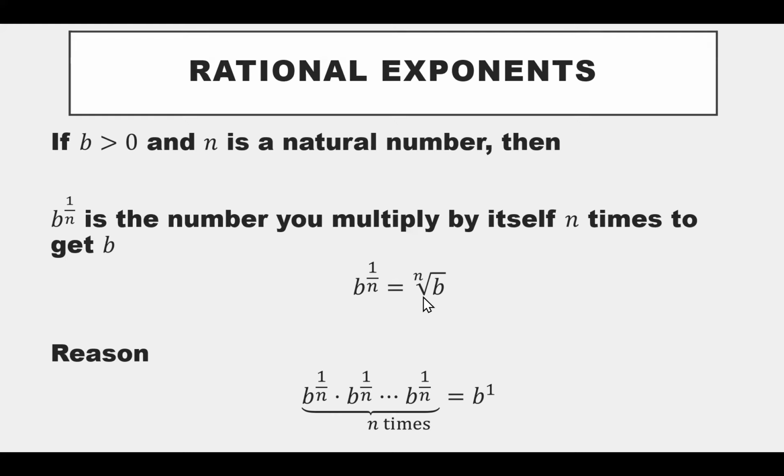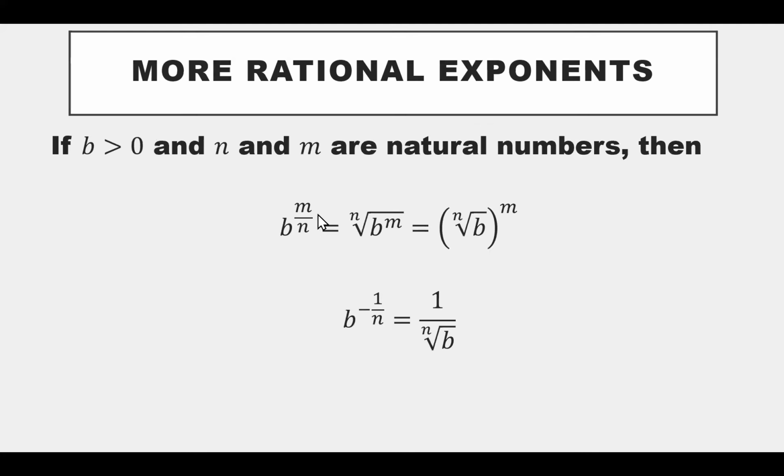So the nth root of b is b to the 1 over nth power, and b to the 1 over nth power is the nth root of b. Now we can say, well, what's going to happen if we did 2 over n, or 3 over n, or 4 over n, or any m over n?